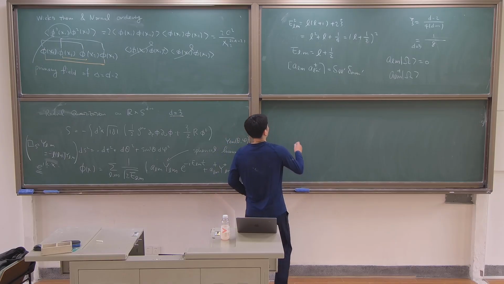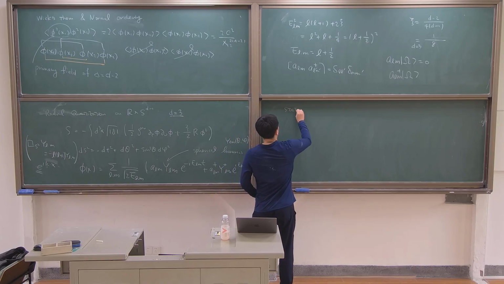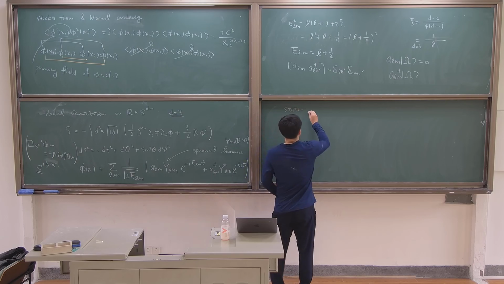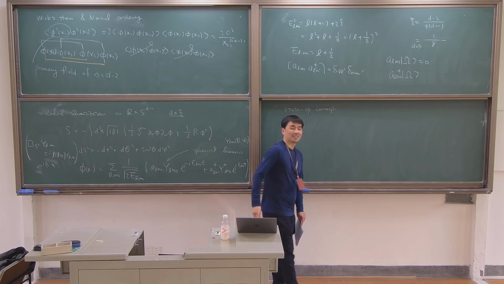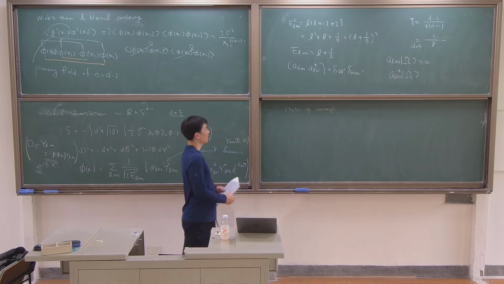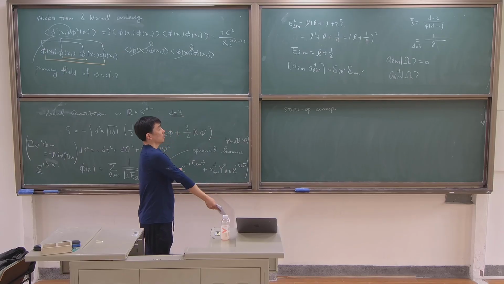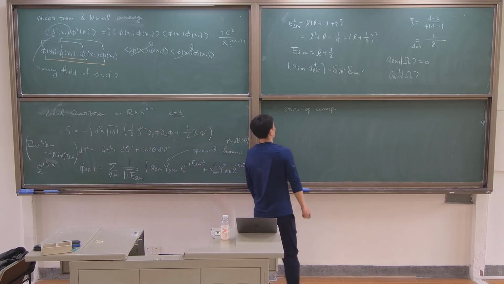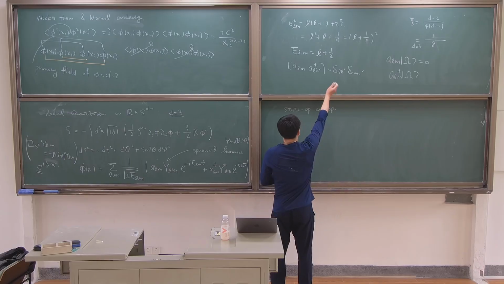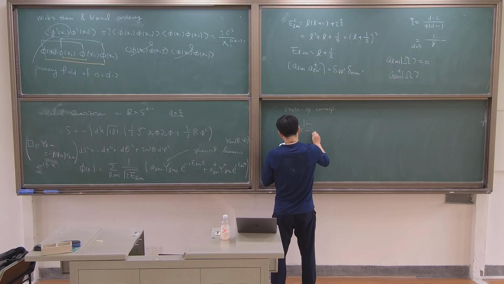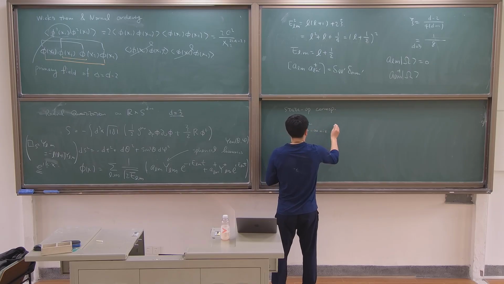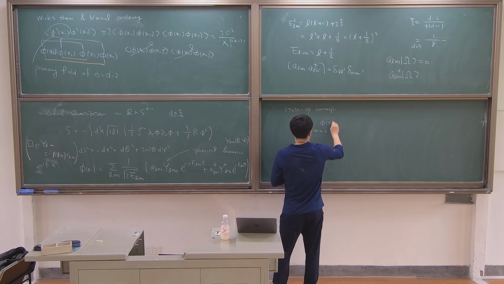Okay, so then the state operator correspondence of this radial quantization is, for instance, phi in the limit of t goes to plus i epsilon, and the phi of time.